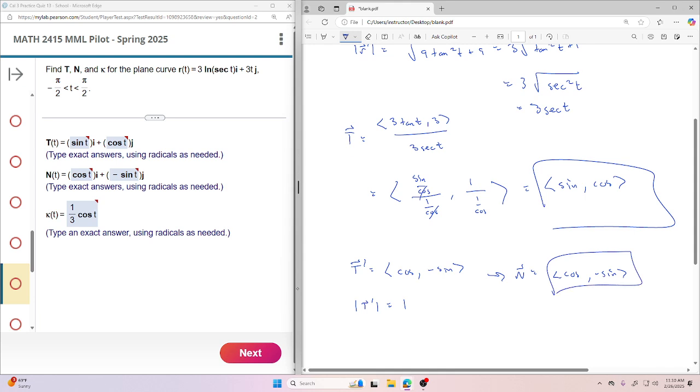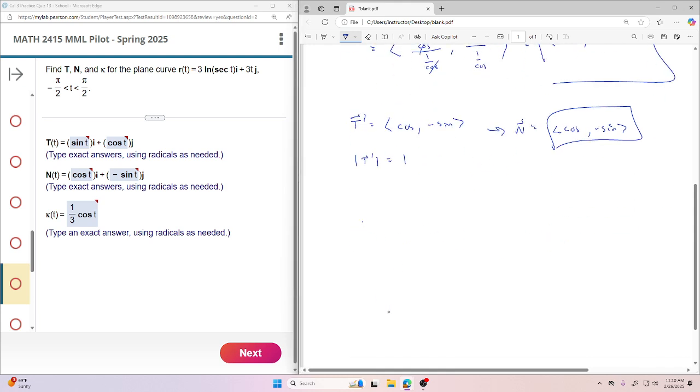And then the curvature, there's a few formulas for this. Would you want me to do the V cross A ones? No? Which ones? So that would be the magnitude of cap T prime divided by the magnitude of r prime.